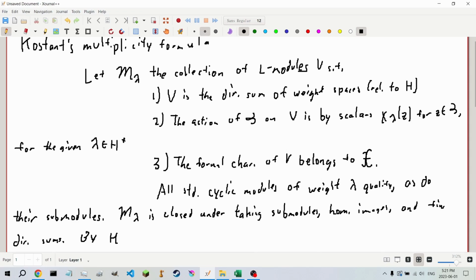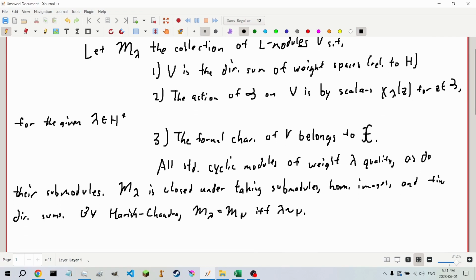By Harish-Chandra, M lambda is M mu precisely when lambda is linked to mu. This brings us to our first lemma.